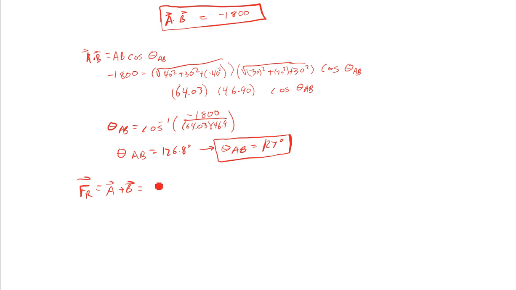So we have 40 minus 30 i hat, plus 30 plus 20 j hat, plus negative 40 plus 30 k hat. That equals 10i plus 50j minus 10k.